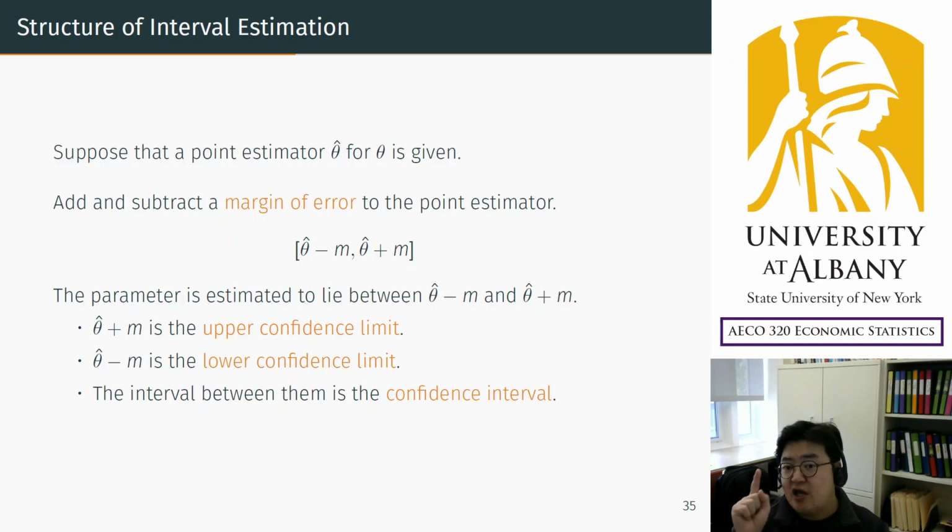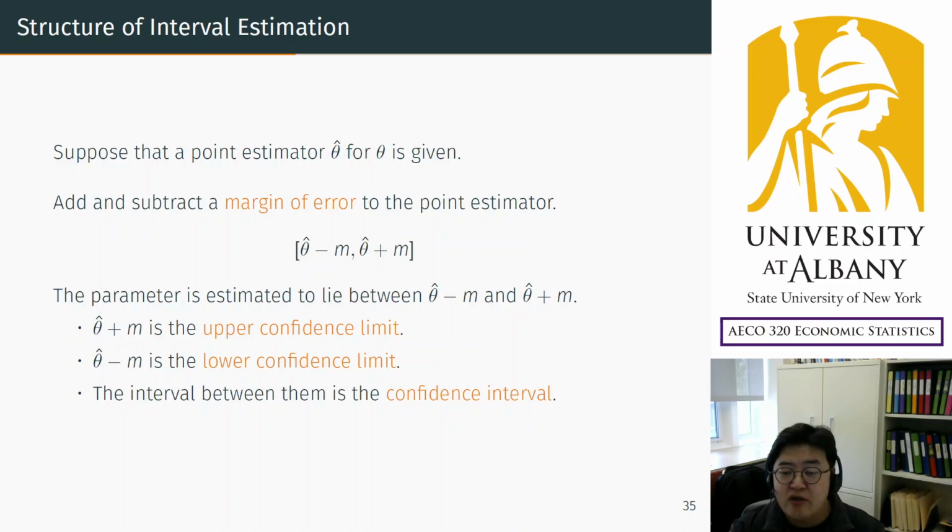So we are estimating a parameter, theta, and we have a good point estimator, theta hat. For example, when you estimate the population expectation, we know that X bar, the sample average, is the best point estimator. So we take that as granted.